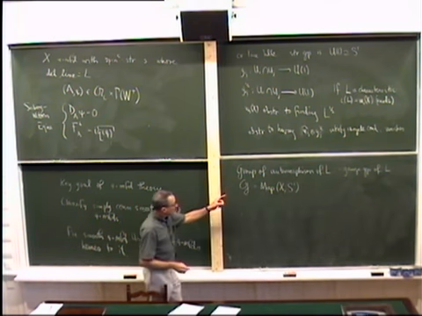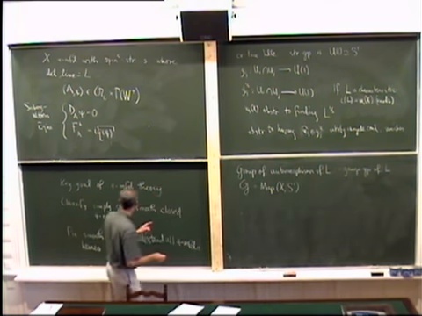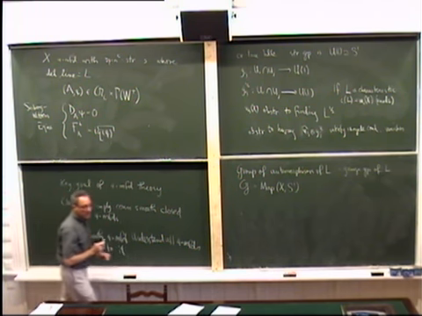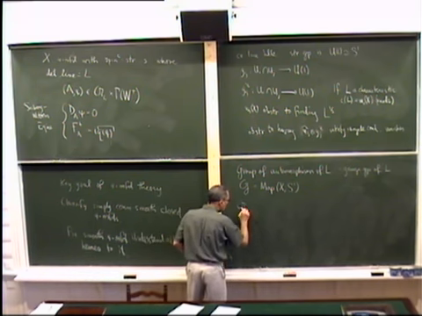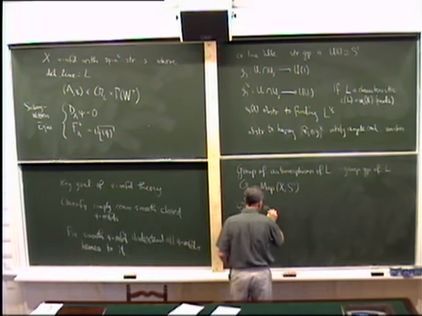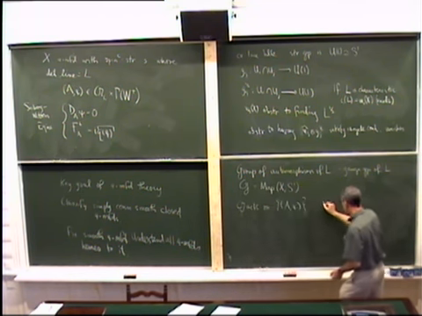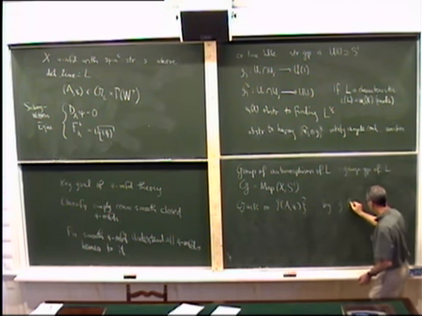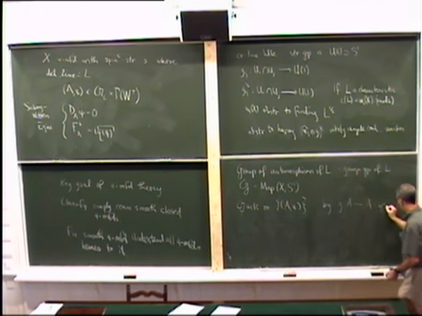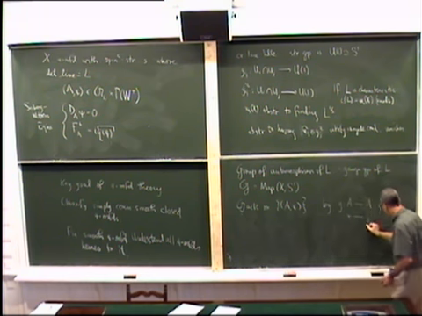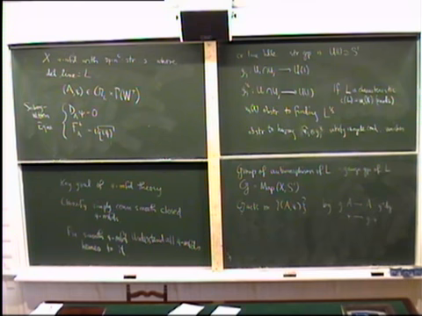And these automorphisms act on pairs A, C. So G acts on these pairs by G takes A to A minus G inverse dG, and C to just its action, the rotation on the fibers.